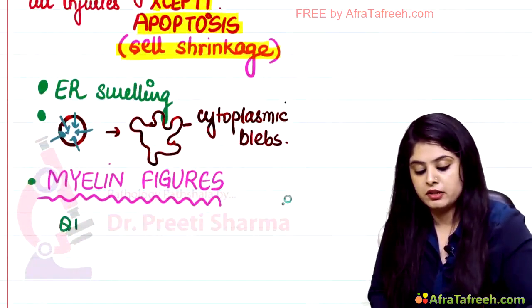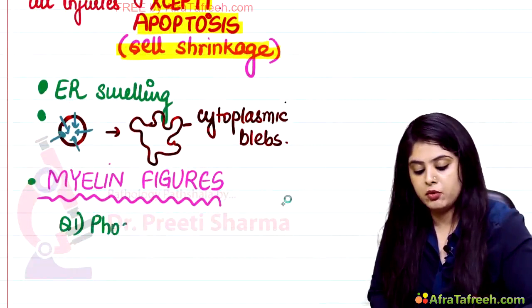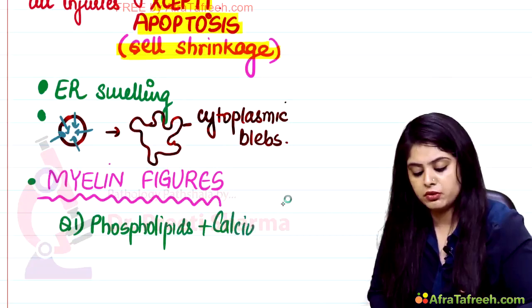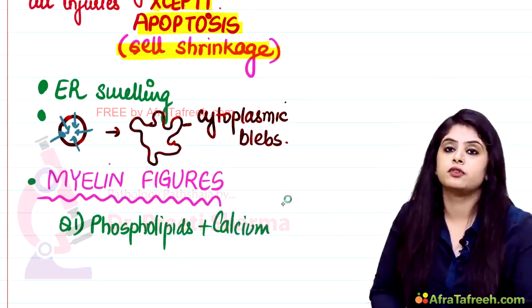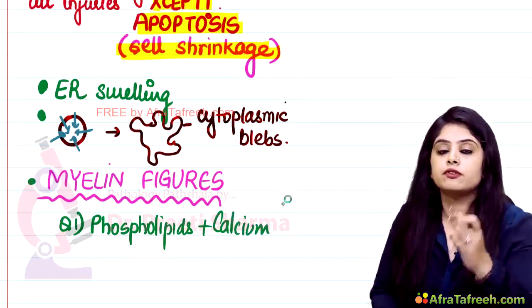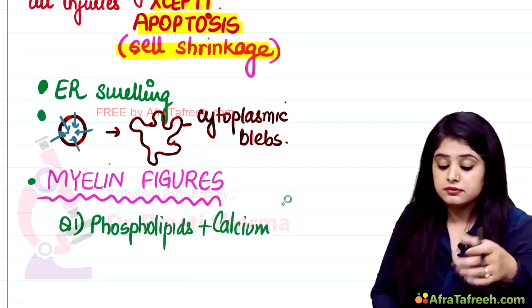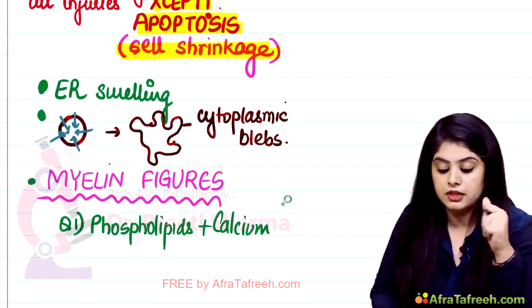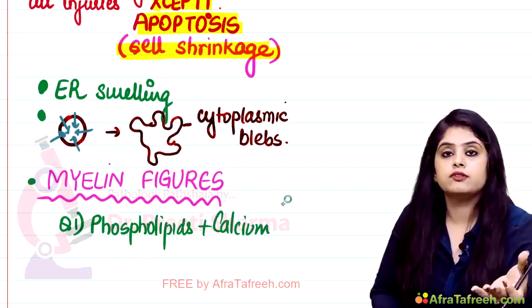Question number 1. Remember, this is composed of phospholipids and calcium. Please remember both, because students tend to think this is just phospholipids and that's it, but it is actually a combination of phospholipid and calcium. Phospholipids, you already know, are from the cell membrane.